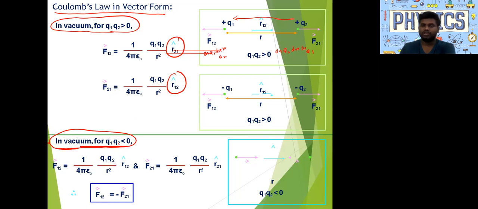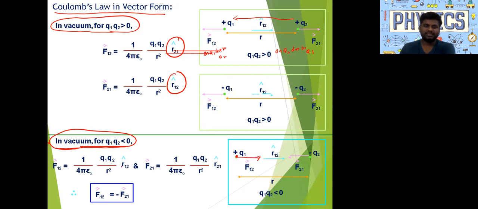Then only we get Q1 Q2 less than 0. So here we are taking our two charges, plus Q1 and minus Q2. Between plus Q1 and minus Q2, we get the attractive force, that is F12, the force on charge Q1 due to Q2. Similarly, we get F21, the force on charge Q2 due to Q1.